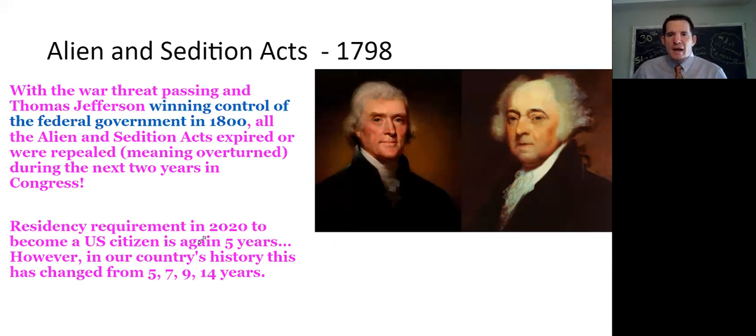There was a backlash, again, historical, coming of age in 2021, so that you have this backlash, and Jefferson wins, and the federal government goes back into control of the Democrat Republicans. Some of these acts just simply retire, or they end, they expire, and then some of them were actually repealed, overturned by new laws.